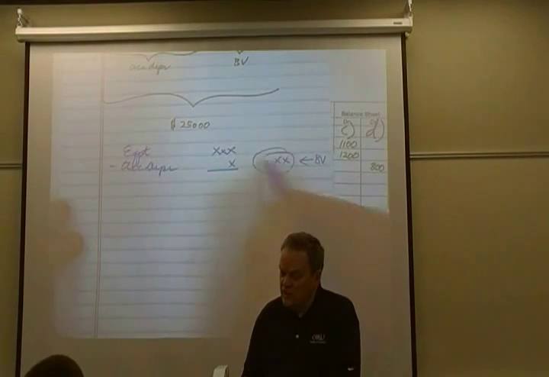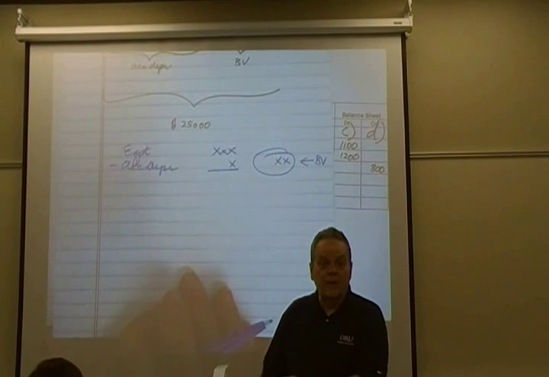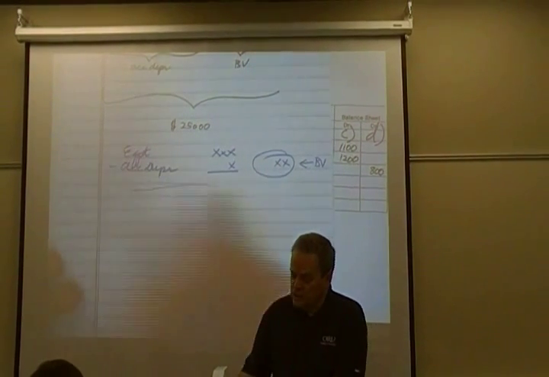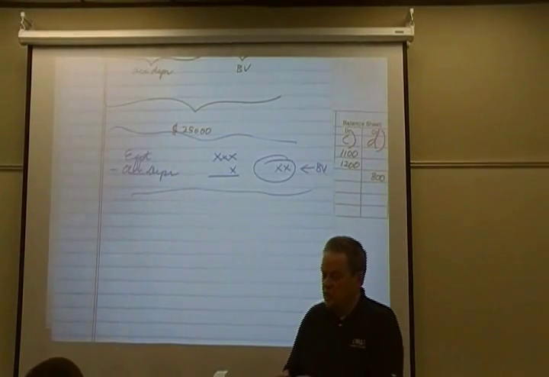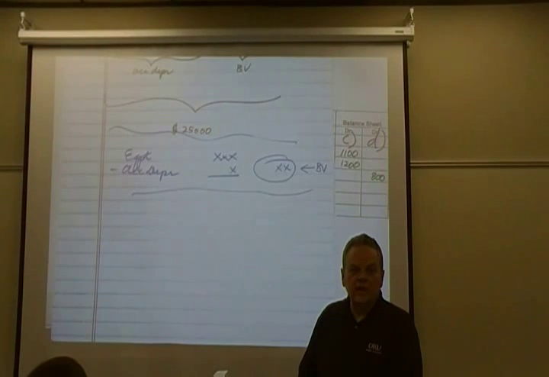If you're not showing me book value on a classified balance sheet, that's what your instructions were in the second problem this week. You need to find the right example in the book and show me that. Paula, did that answer your question? Yes. Good. Who's got one? It's good to ask questions in class.